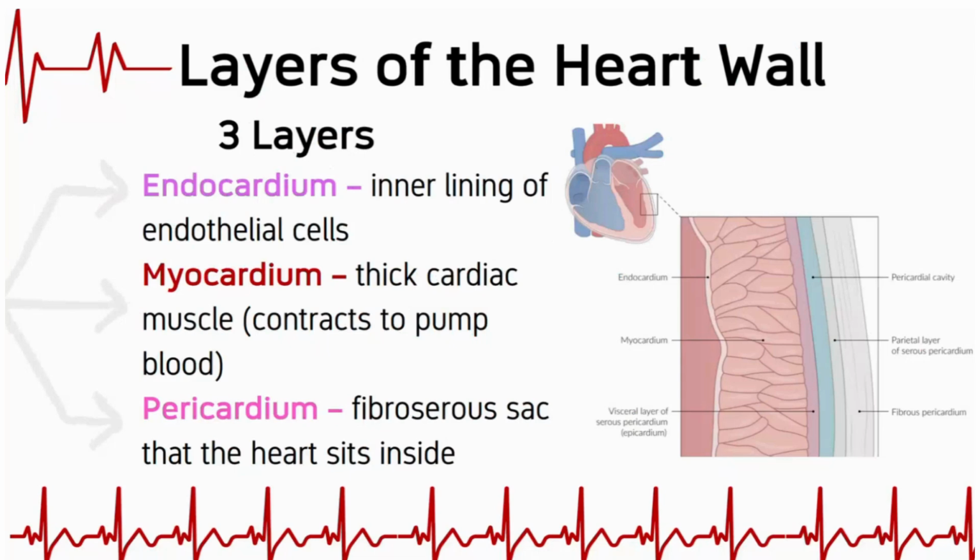So myocardium is the muscular layer, right? The pericardium, you may have heard of pericarditis. What I'm trying to highlight is that there are things that go wrong with these three layers, and we will expand upon all of this, but you need to have an understanding of what it is first. Okay.